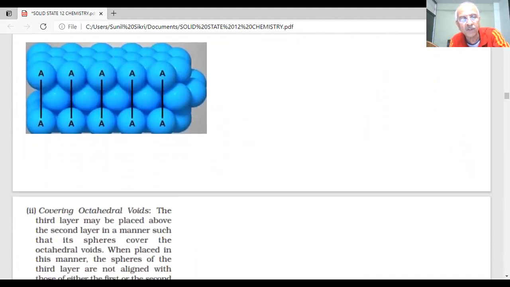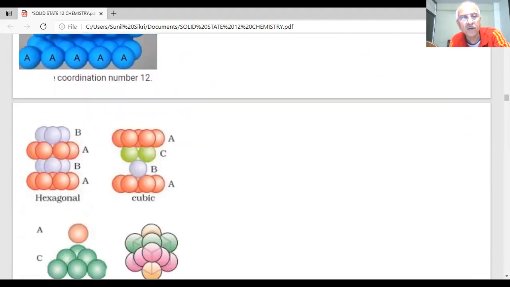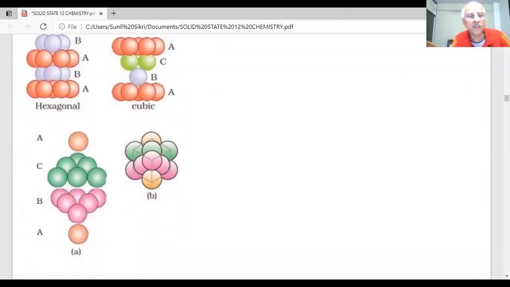These are the pictures we showed you for the two types of voids, tetrahedral and octahedral. Here you can see the ABC pattern, which is cubical packing, and AB packing, which is hexagonal.